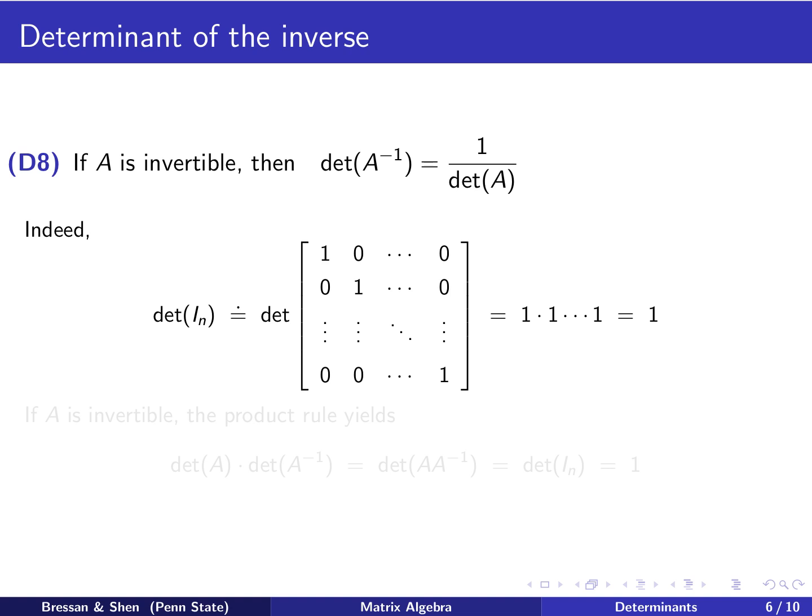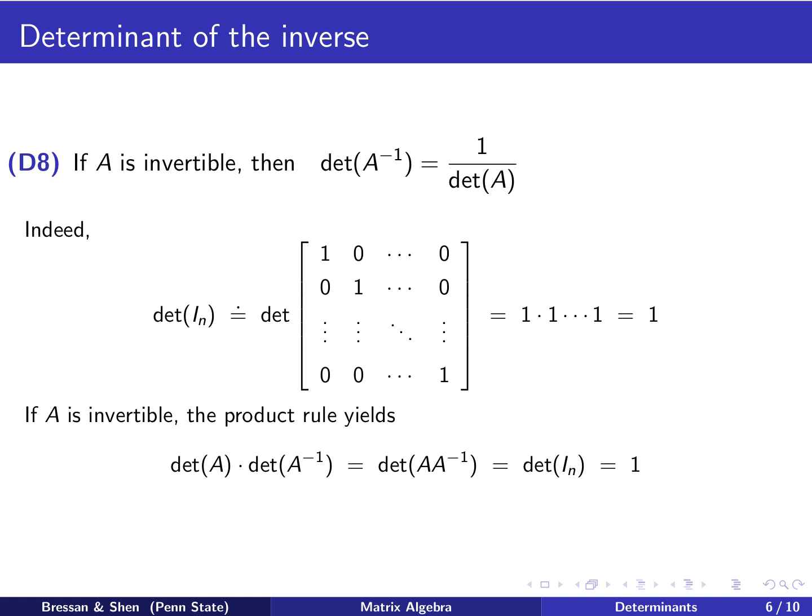So the determinant of the identity matrix, which is this matrix with all ones on the diagonal, will be the product of all ones, which is 1. So for any identity matrix, the determinant is 1. And now if A is invertible, and let's say A inverse is the inverse of A, then we can use the product rule, the previous one.